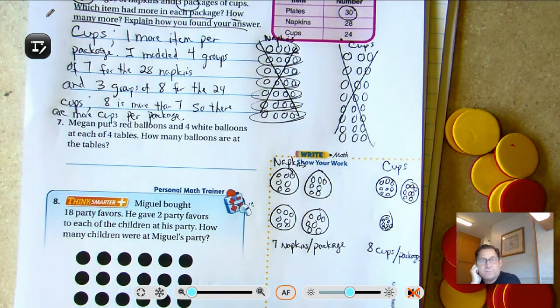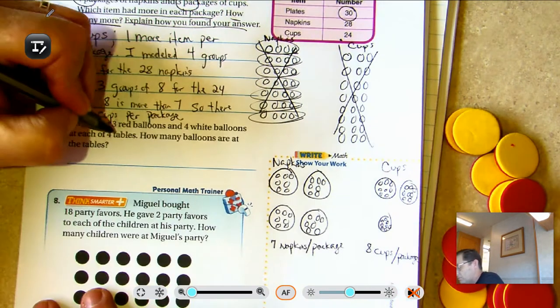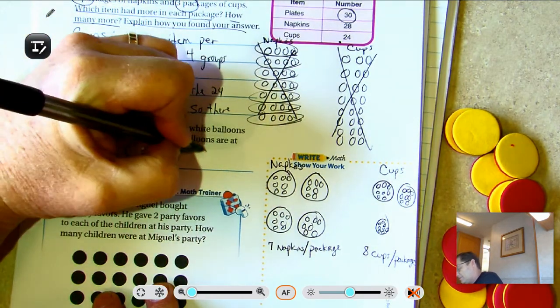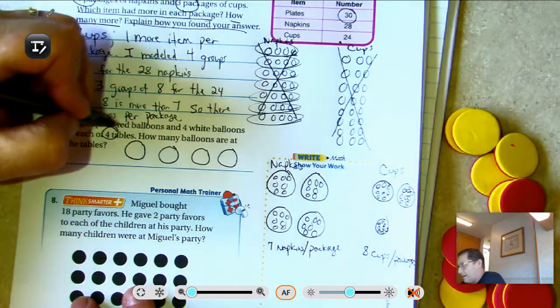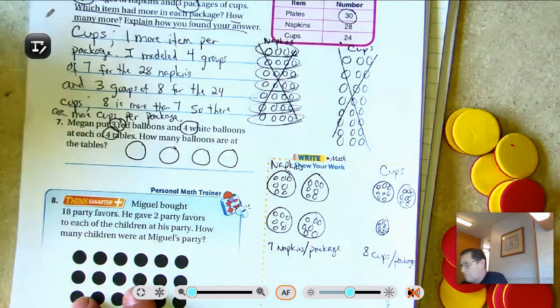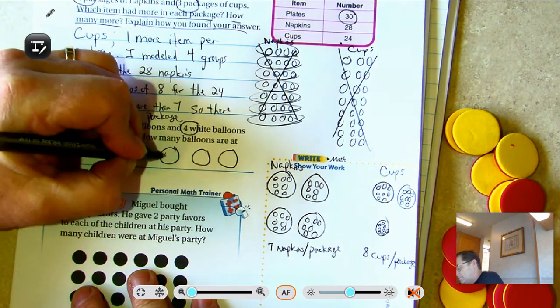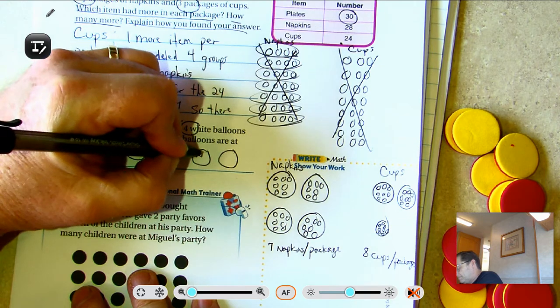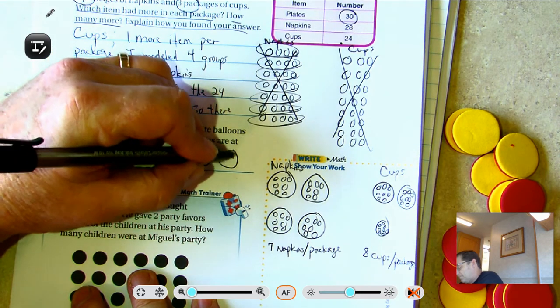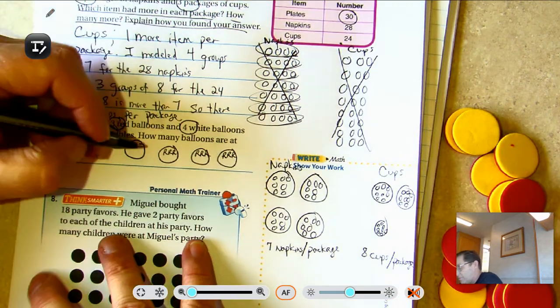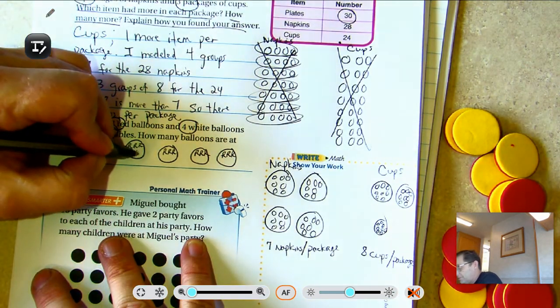All right, Megan put 3 red balloons and 4 white balloons at each of 4 tables. How many balloons are at the tables? Okay, so 4 tables, so we know we have 4 groups. We have 3 red balloons and 4 white balloons at each of these tables. Okay, so I put 3 red balloons at each table, and now we're going to put 4 white balloons.